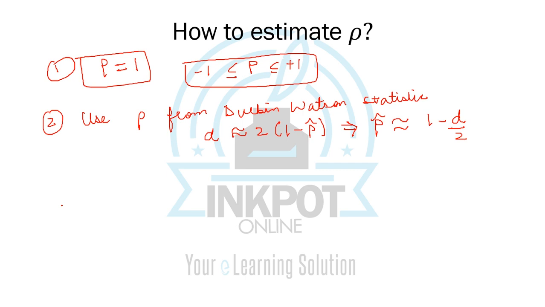over 2. There is one more method to estimate rho, and if you remember, the AR(1) scheme looks something like this, but you must also remember that we rarely observe this equation. Why? Because these are disturbance terms from the true population regression function.